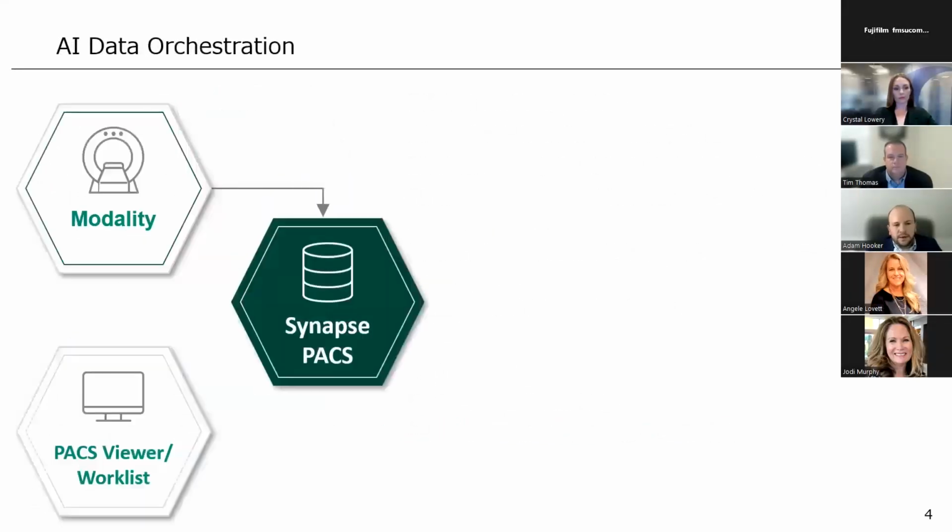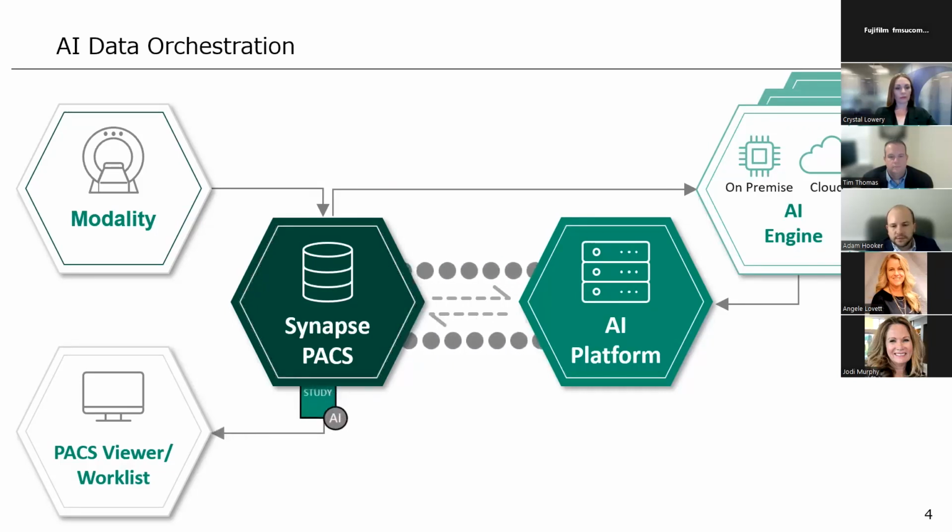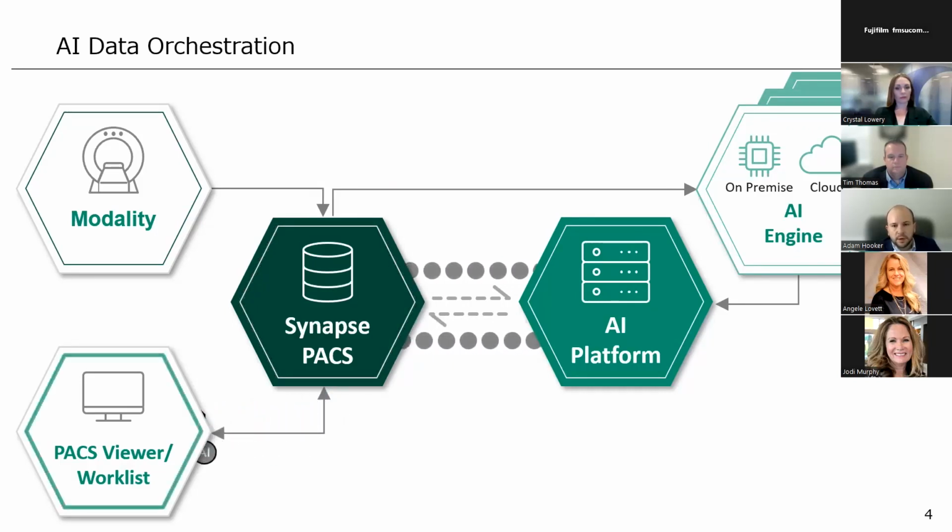So we wanted to provide an example of what this could look like with our AI platform. Here we have an example where the modality has sent over the study to Synapse PACS, and Synapse PACS has now taken those images and forwarded them onto the AI engine. Maybe that's on-prem, maybe that's in the cloud, but that's the beauty of the platform. From our perspective, we're open to either option.